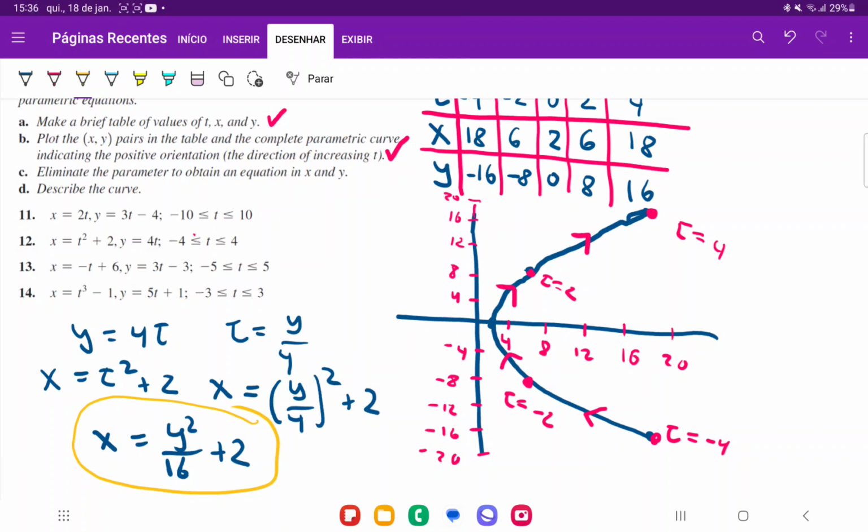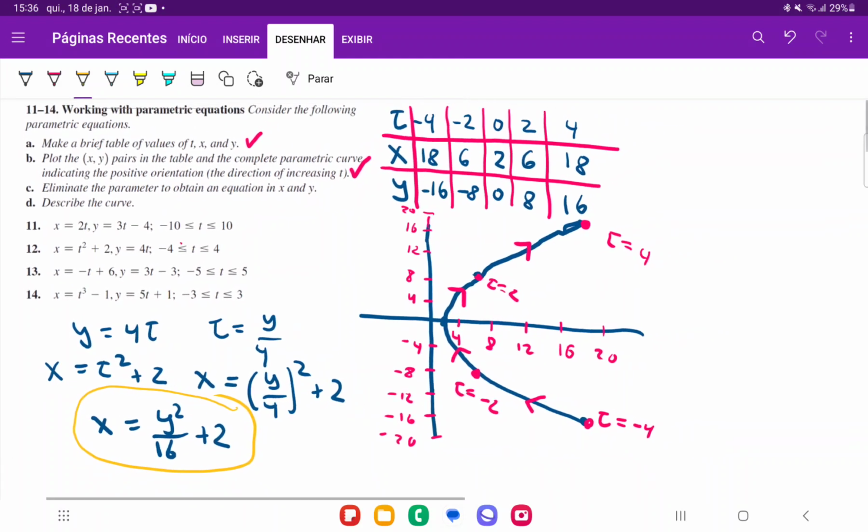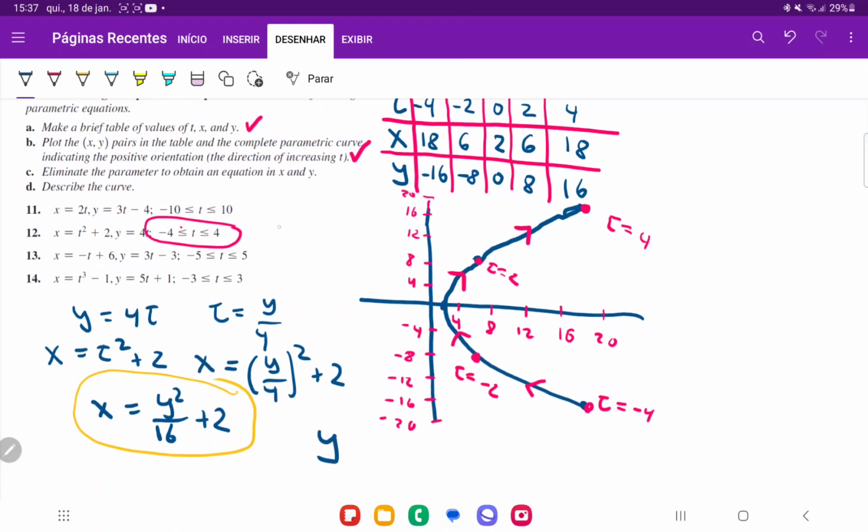But we're not quite done yet because the parameter is limited, right? It goes from -4 to 4. If we don't put a restriction, we're saying that this curve goes out to infinity, which is not true because the curve is limited. So since our input is y, we have to say the values which y can take. Previously, the input was t, but now, because we're treating y as an input, we have to limit it.